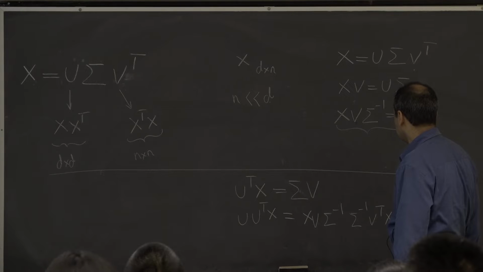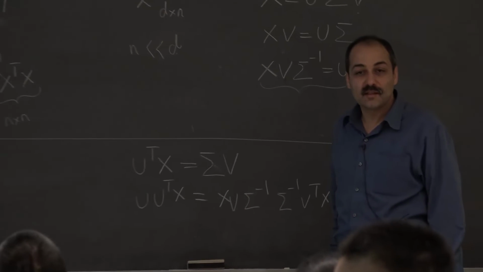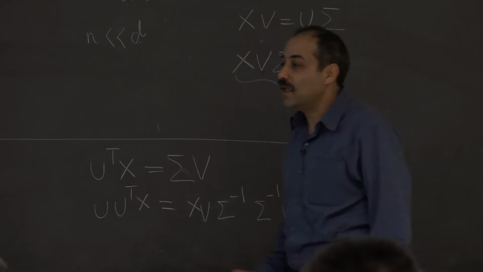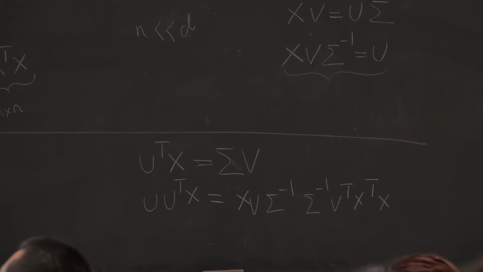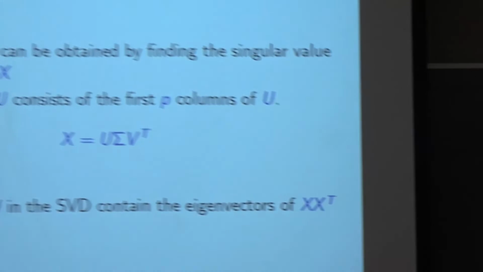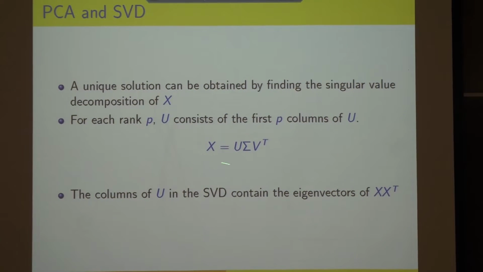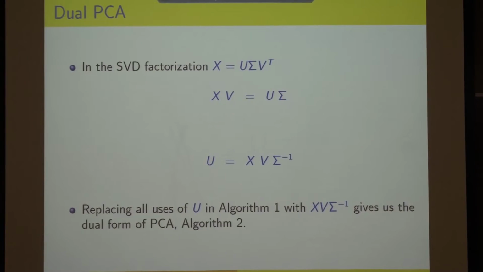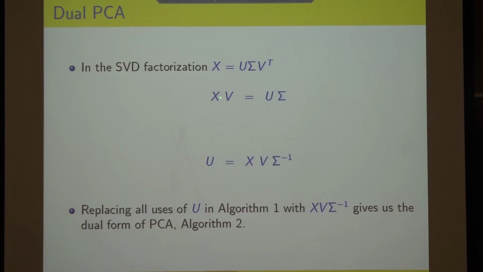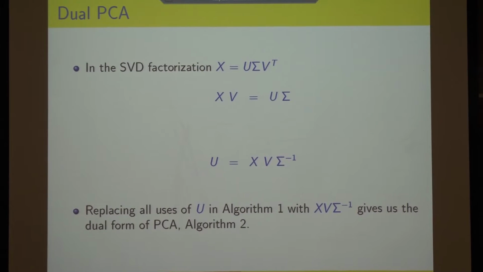Times X. Then you can simplify this and see that everything basically can be written in terms of V and sigma. This is the relation that we have based on singular value decomposition, and we can write XV equal U sigma, or we can write U is equal to XV sigma inverse.